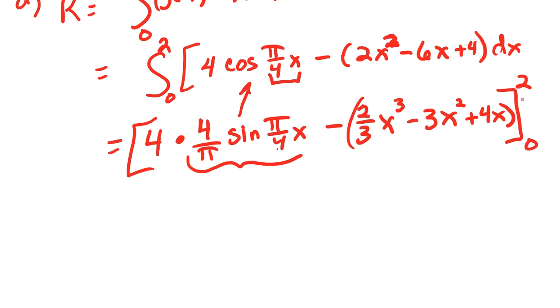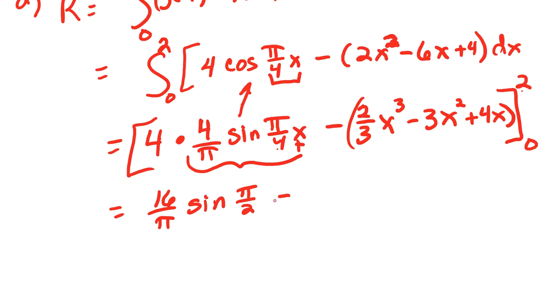All right, well, we like this fundamental theorem because when we put 0 in, all of these x terms drop out, and sine of 0 is also 0. So we only need to evaluate this when x is equal to 2. So we'll have a 16 over pi sine of, when we put 2 in here for x, we'll have pi over 2.